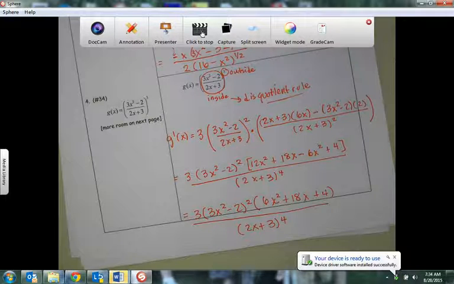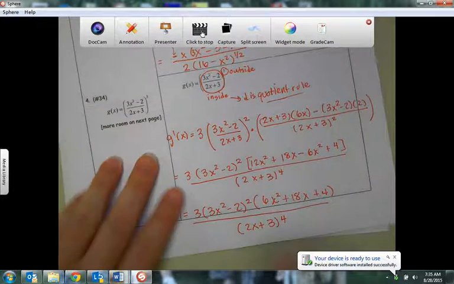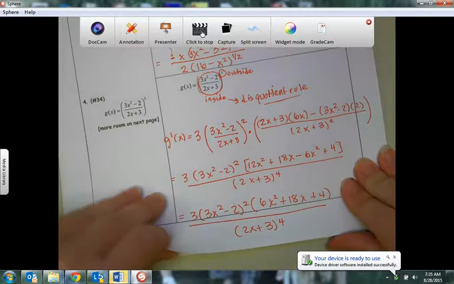Actually, I think I can do a little bit more. I could pull out a 2 here and make that a 6. So let's just go ahead. Let's do that.